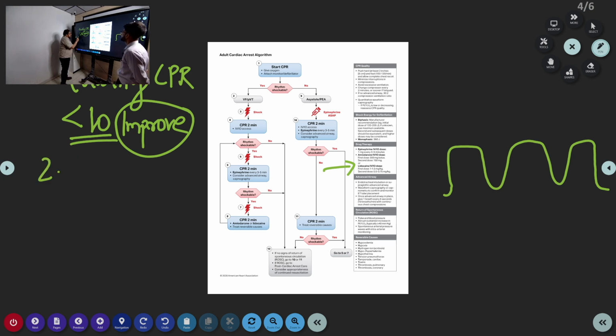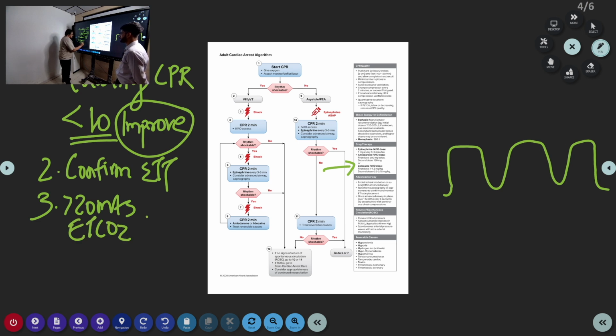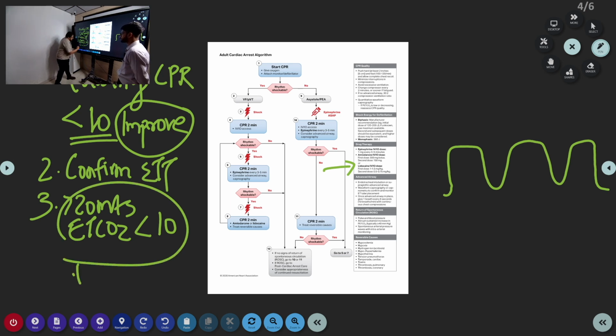Second, confirm the ET position. Here it is already an endotracheal tube, so confirm the position of the endotracheal tube after you secure the airway. Third, how does it help? If you are continuing CPR for more than 20 minutes and ETCO2 remains less than 10, even after improving the quality of CPR, then the chance of recovery is less.